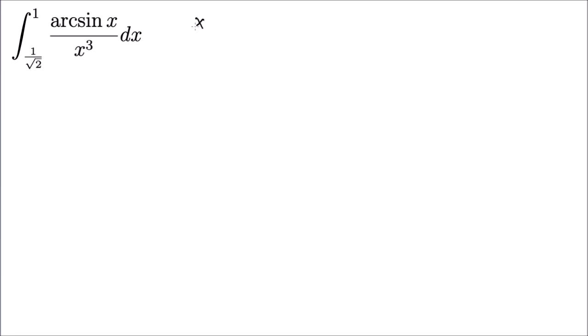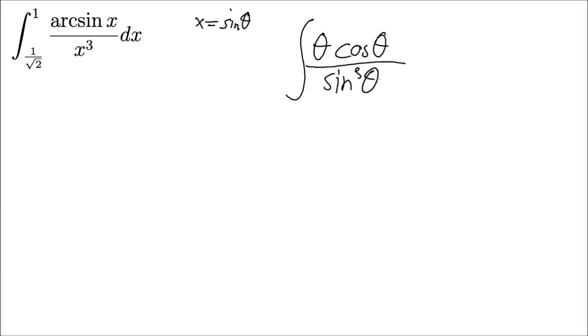You can either let x equal sine theta, and that'll give me like, I just want to check. Okay, and I get pi over 2, pi over 4. That is not cosecant.